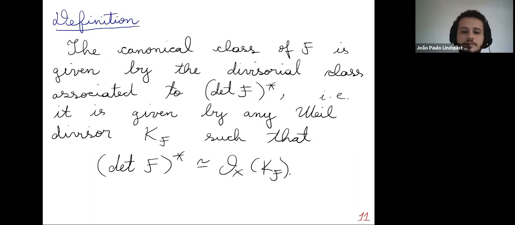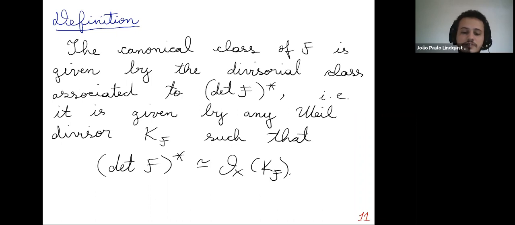So the way we are going to treat the problem of foliations is to make an analogy with the theory of birational geometry, which is very much studied these days.